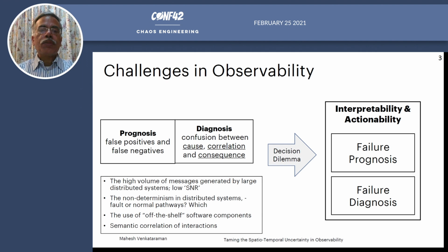Since many systems interact, semantic reconciliation and correlation of all that data is very difficult. Large volume of events, non-determinism, and reuse of third-party components aggravate the challenge. While many may argue that the more the data, the merrier, in reality, however, the more data you have, the fewer insights you can discover due to noise and non-determinism.